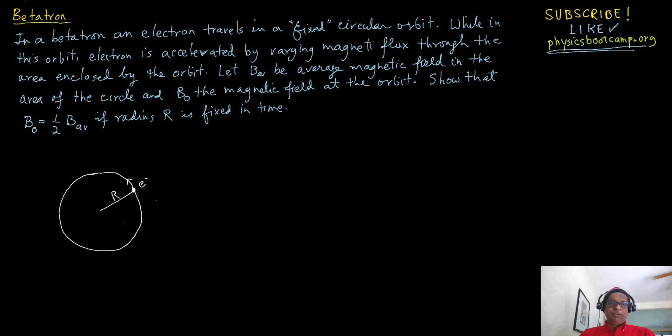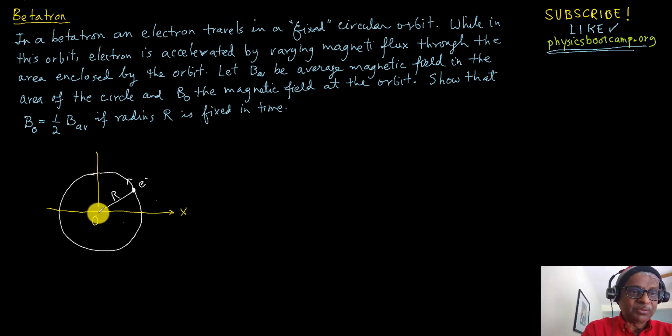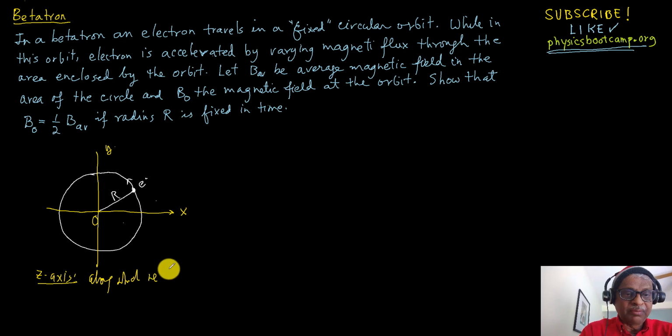Okay, because we're going to do this problem in the XY plane, and this is a circular orbit, a good way to do it is to put the origin here, call this the x-axis, and this the y-axis, and the z-axis is coming out. Along the z-axis we have B pointed.